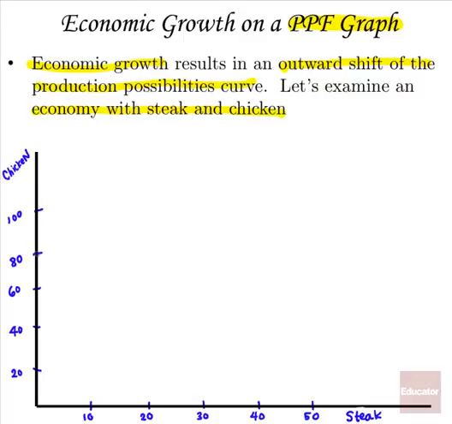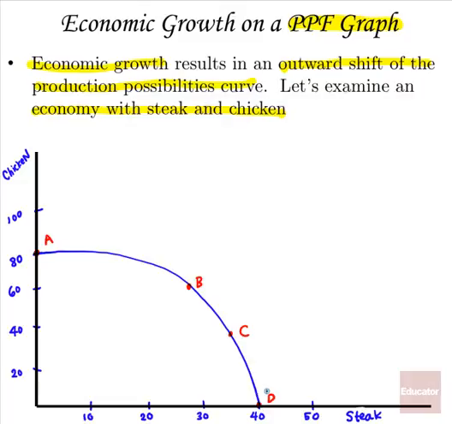Okay, so let's put the original production possibility frontier as such here. So any point on this frontier would be points of efficiency. So let's label this point A. Let's label this point B. Label this as point C. And label this as point D.